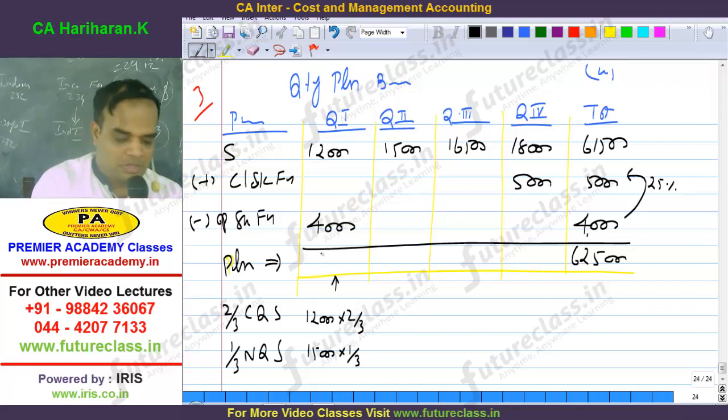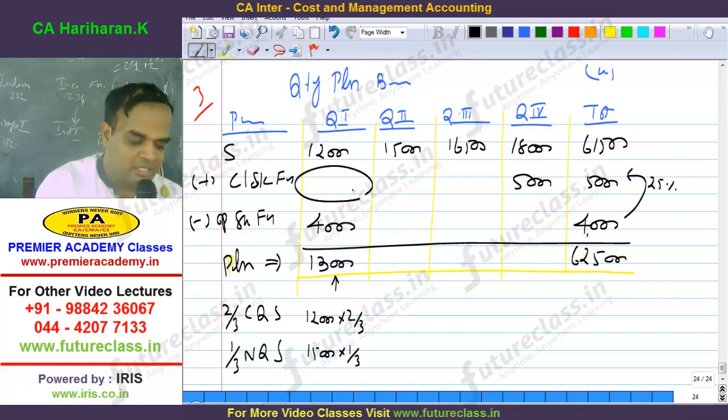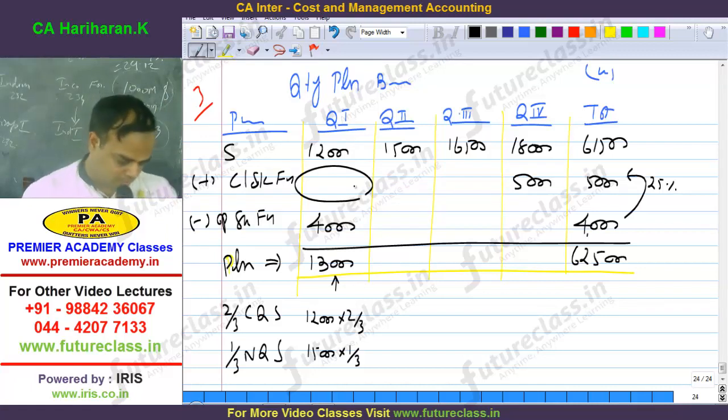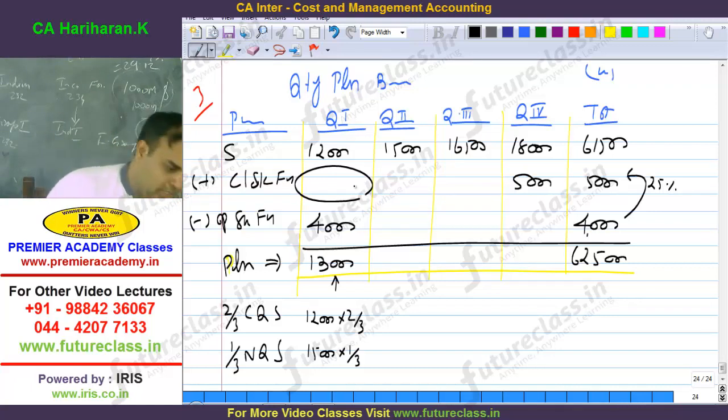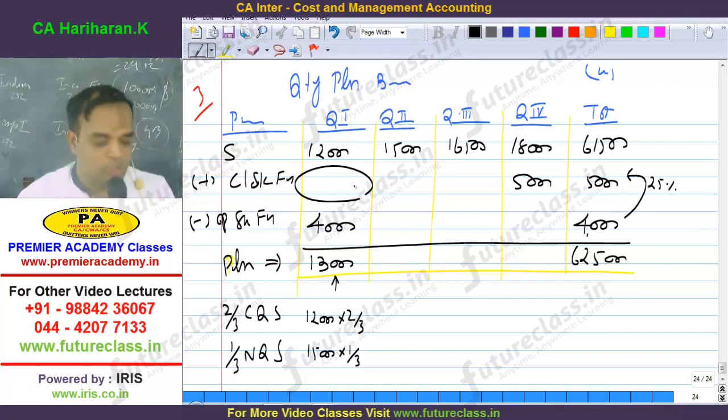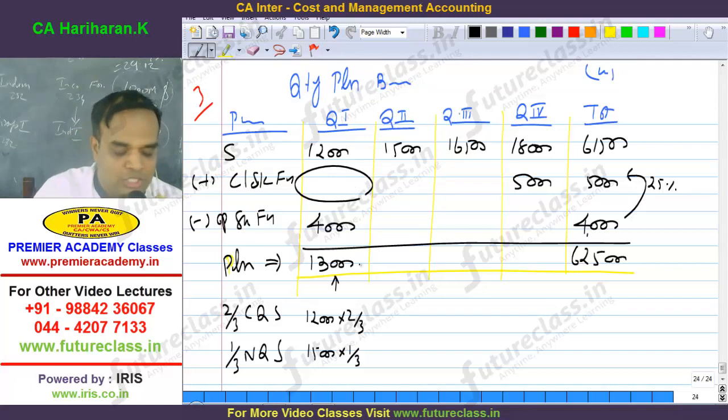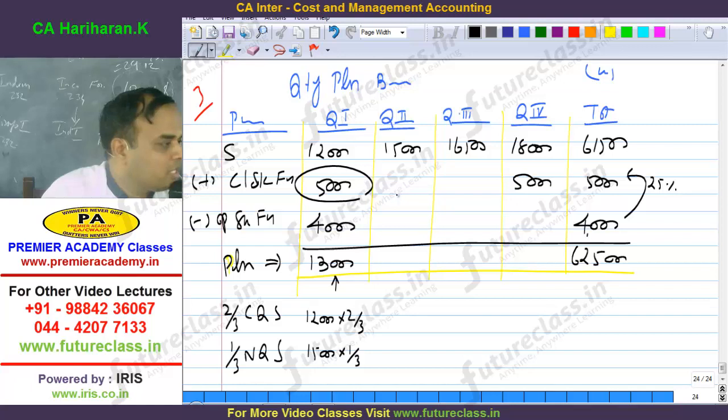Comes to how much? 30,000. Therefore, the balance is equal to closing stock. How much is the balance? Closing stock, how much? 12,000 minus 12,000 plus something minus 4,000 is equal to 30,000. Comes to 5,000.